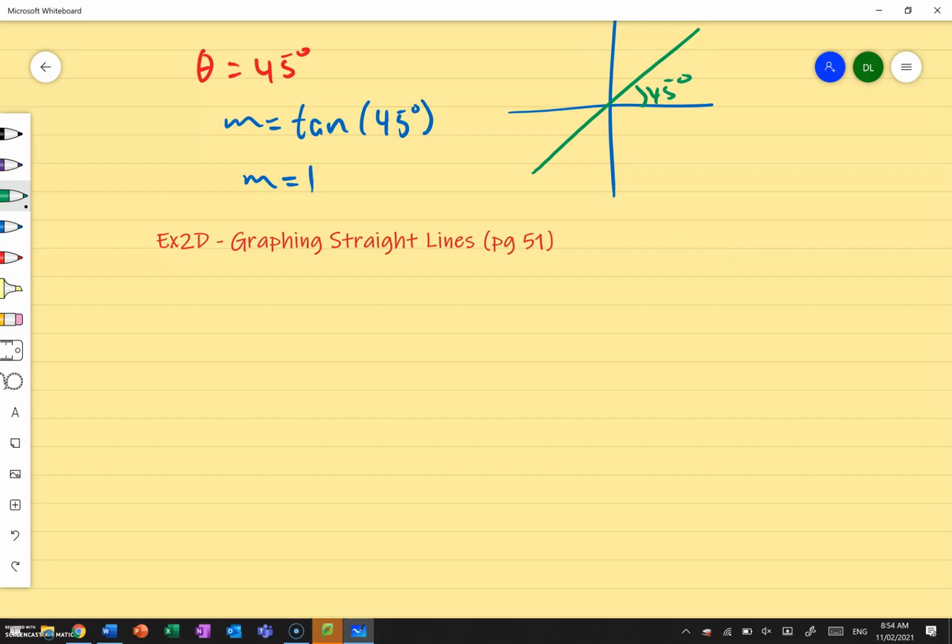Now, graphing straight lines is pretty straightforward, no pun intended. A lot of it is just revision of stuff that you guys already did last year. Typically looking at, well, if I'm presented with an equation, can I draw a line? If I'm presented with 2 points, can I draw a line? Now, intuitively, we know that a straight line goes through an infinite number of points. So if I have this axis here and my line goes here, I have an infinite number of points along this line. So no matter what value, is that coming up on the screen?